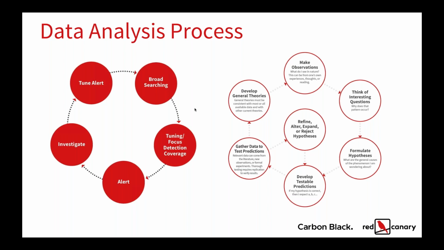You might be looking across everything, like show me all processes and command line data for all my endpoints, and then maybe break down a couple machines at a time, start to suppress some obvious good things, start to tune this. Eventually you get it to a place where it's generating a minimal amount of alerts to where it's semi-high fidelity. And then you investigate those and you determine if those are good or bad and you keep tuning it, right? Scientific model on the right, same thing.